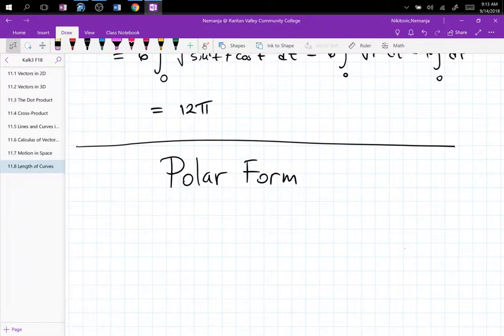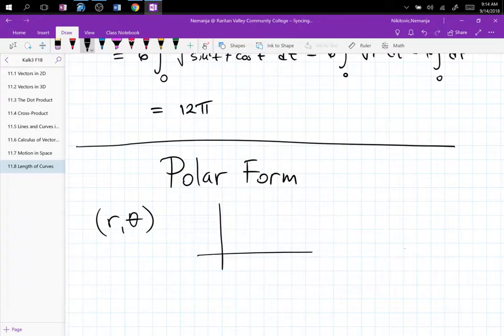If you remember, polar coordinates are listed as r, theta. We will have the radius and angle to locate the point: radius r and angle theta.